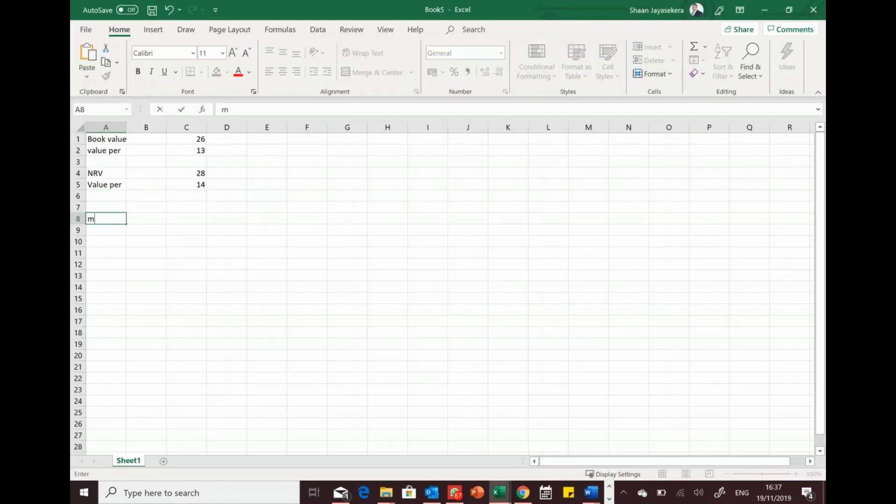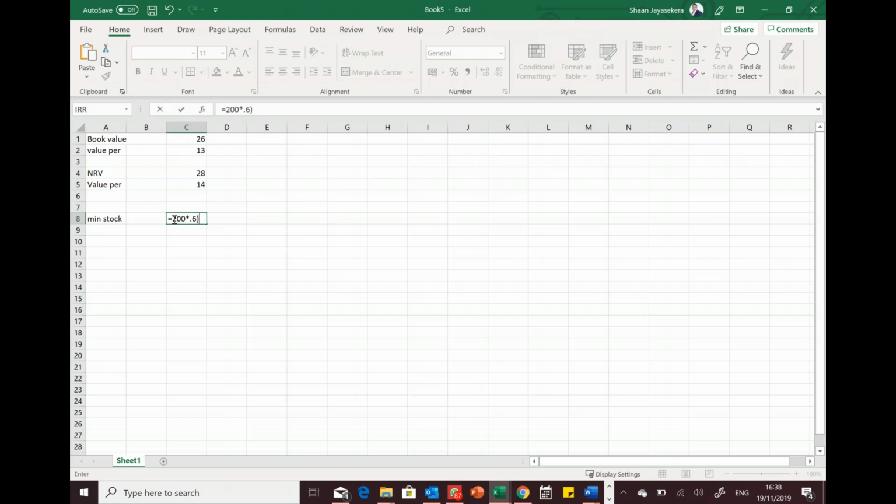We can work out the minimum stock, because that's kind of a buffer. To work out this minimum stock, I need my cost of sales, which in this case is 200 into 0.6.